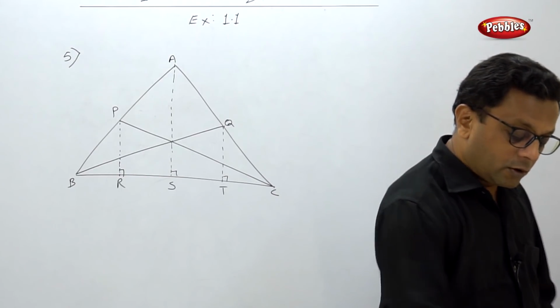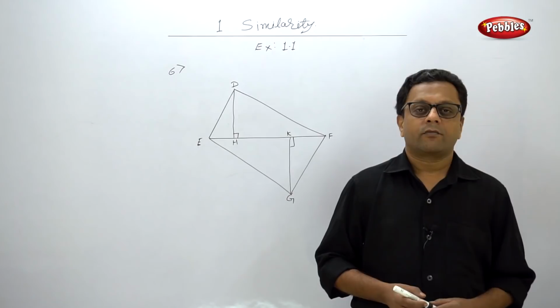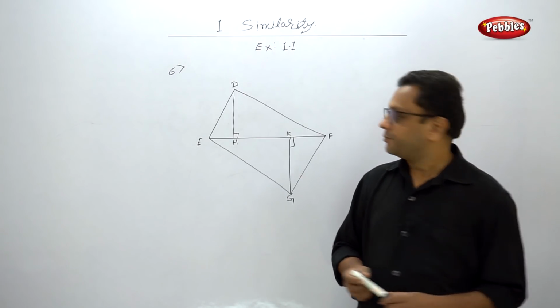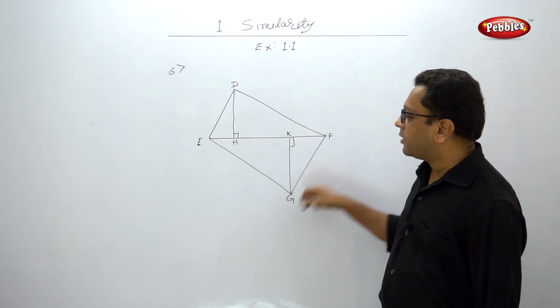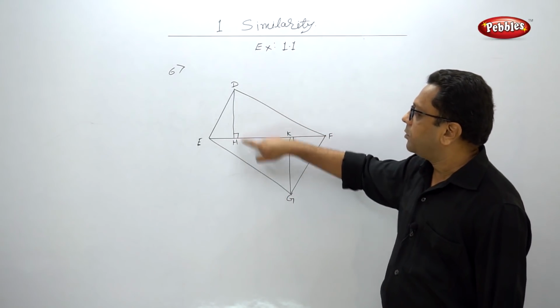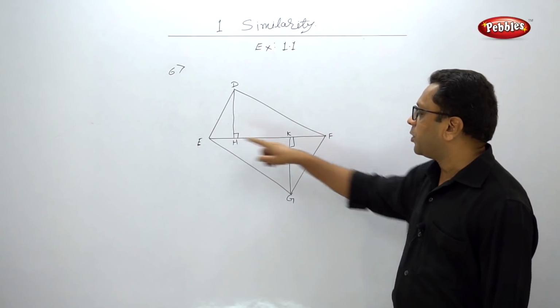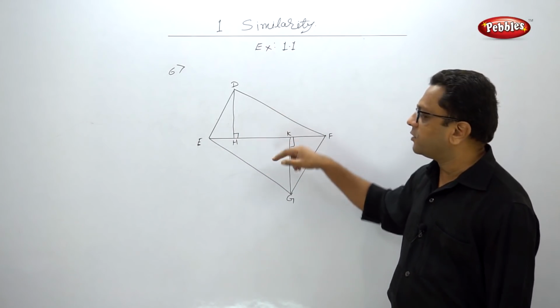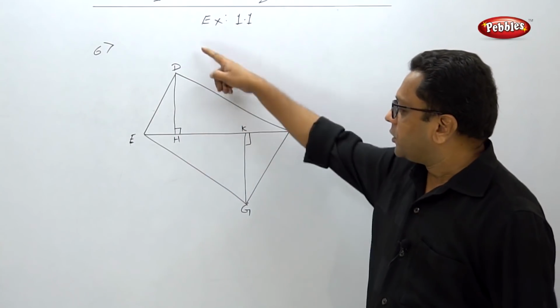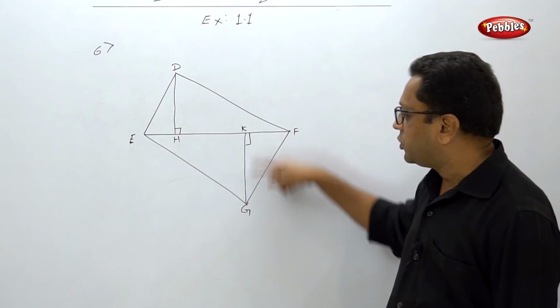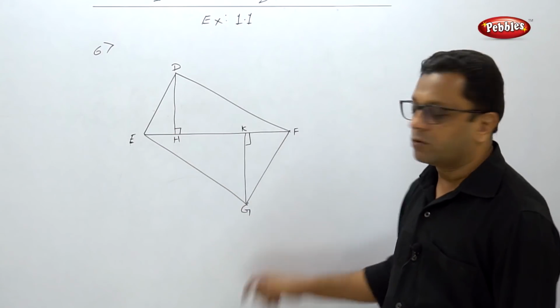Let us go to the sixth example. Example number 6. The figure is given. In the figure, these two triangles are given, and DH is perpendicular to EF and GK is perpendicular to EF. Obviously, DH is the height of the triangle above, and GK is the height of the triangle below.